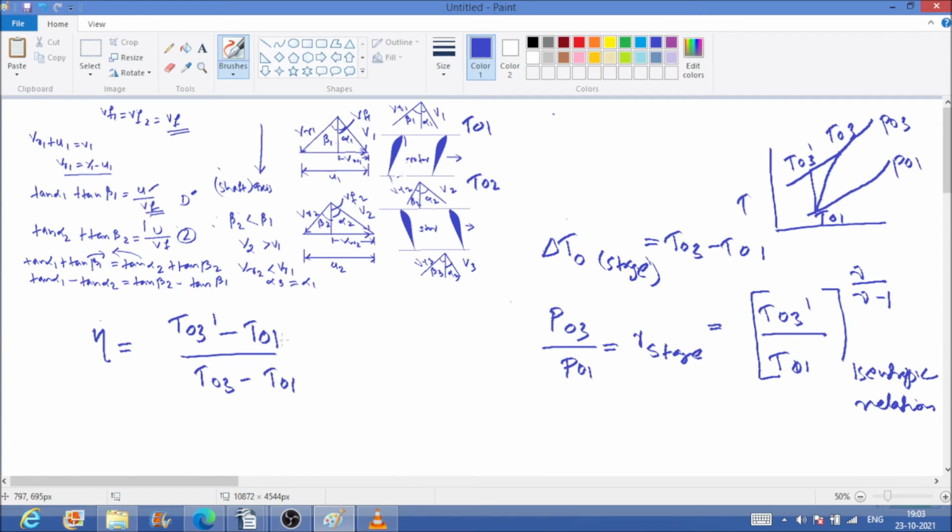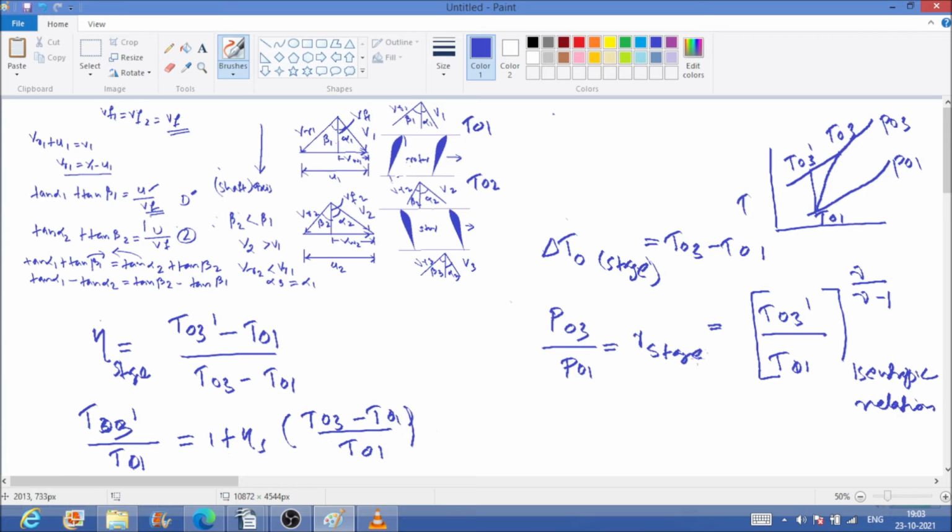I compare both, this one is lesser and this one is the bigger quantity. We can rewrite the same equation as T03 dash by T01 is equal to 1 plus eta s (T03 minus T01) divided by T01. If you rewrite the same thing back, you will get it, simple math.